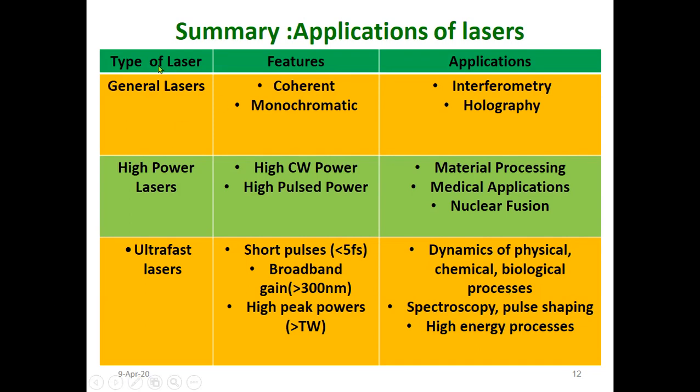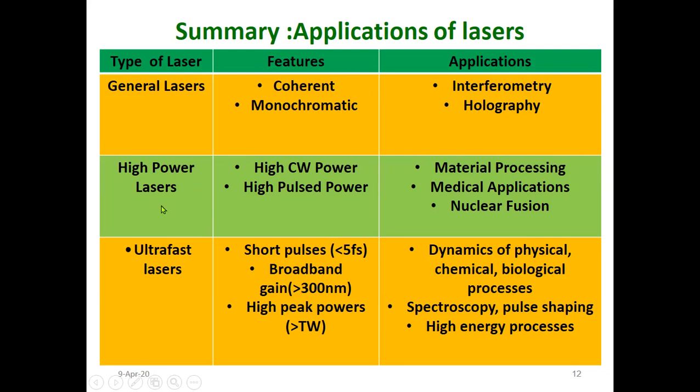If we take general lasers, these are coherent and monochromatic sources. If they are coherent, it is desired in interferometry, and if they are monochromatic, then they are found in holography. So depending on the application we require, accordingly we have to consider its feature.